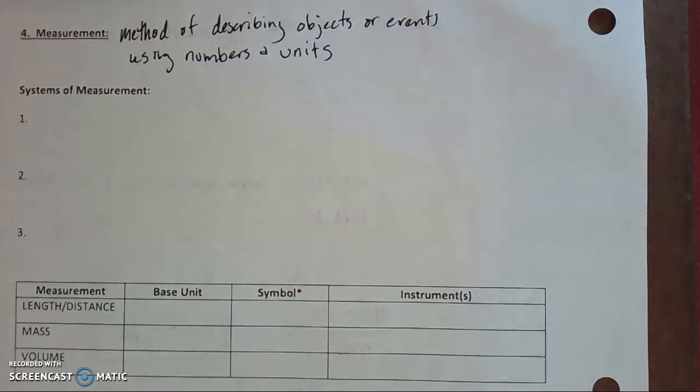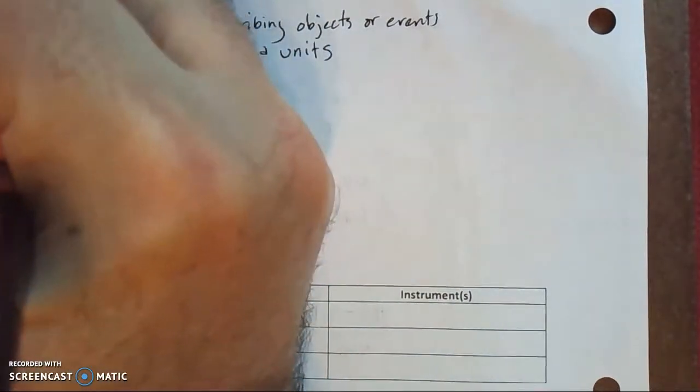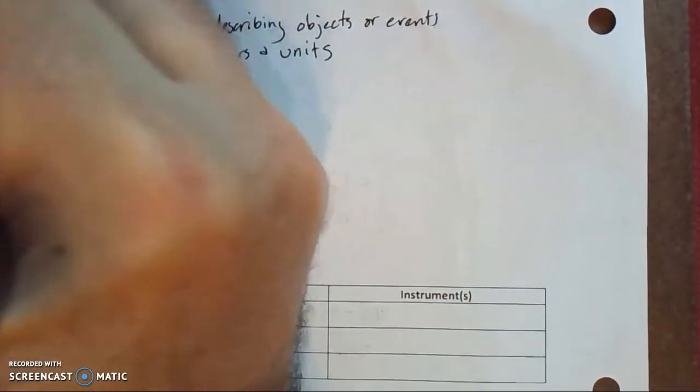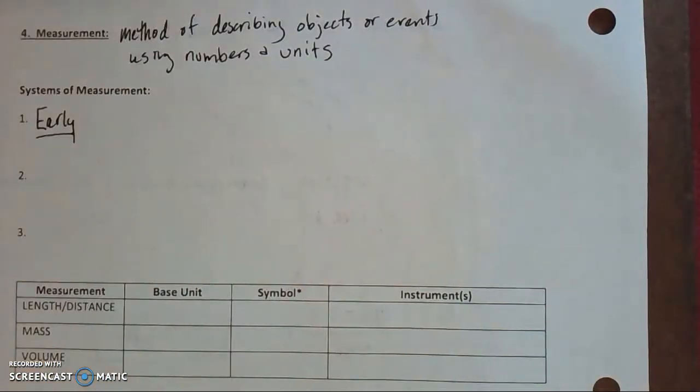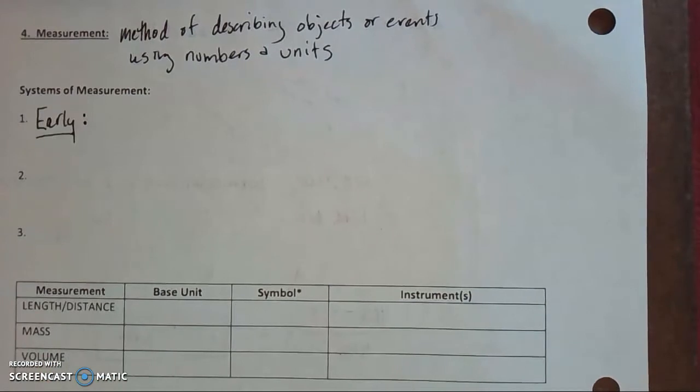Throughout history, there have been a lot of different systems of measurement, and we're going to go through a little bit of the history of it and describe some different kinds of measurement, because we can convert from one system to another, but we have to define what things are. So we're going to lump a lot of them into one category and call them early. There really wasn't a lot of rhyme or reason why people had certain types of measurement, but there are lots and lots of different types.